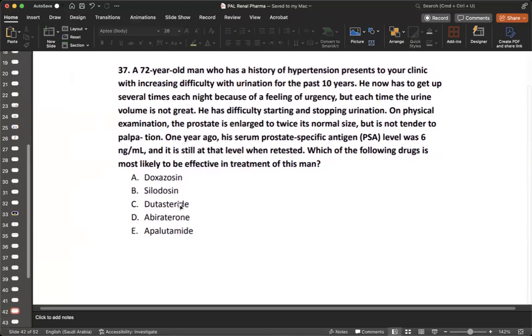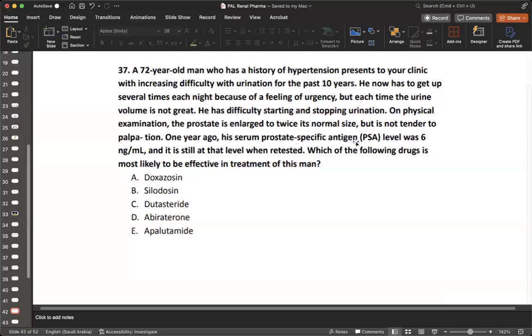Why is it dutasteride, and why is it not one of these anti-cancer drugs? First of all, his symptoms are typical of BPH: decreased urination, feeling of urgency. He doesn't really have cancer symptoms like weight loss, bone pain, stuff like that. Another extremely important thing is that one year ago his serum PSA was 6, and one year later, his PSA is still the same. It has not increased. If it increased by a lot, it would make you think of cancer.